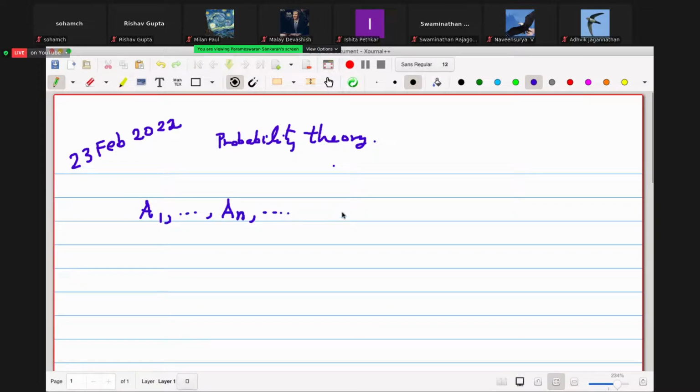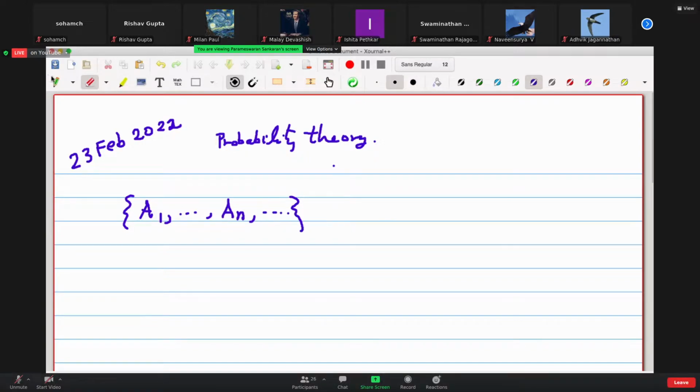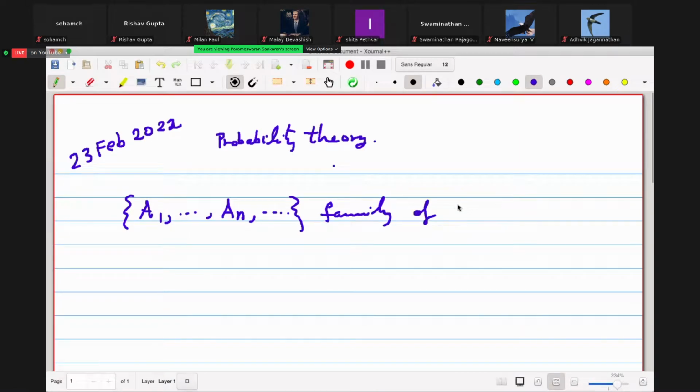These are a family of independent events, and the probability of any one of them occurring is equal to p for all k.